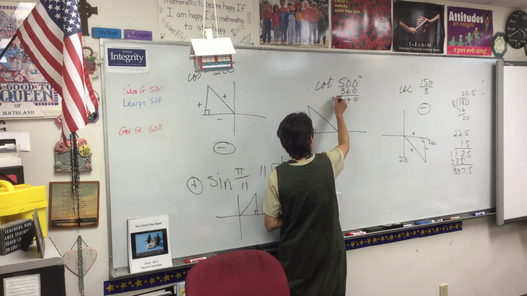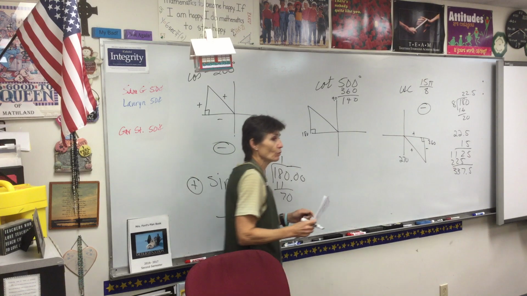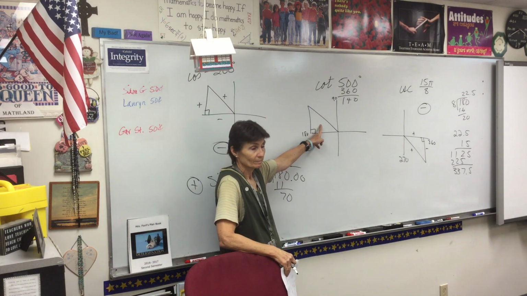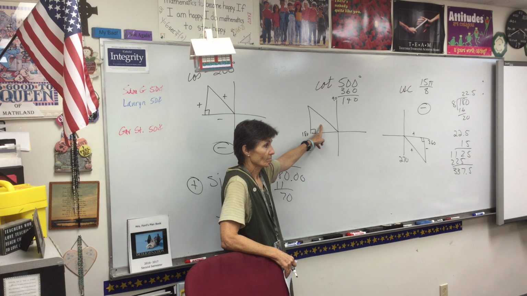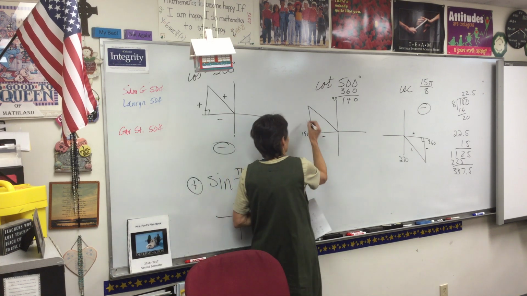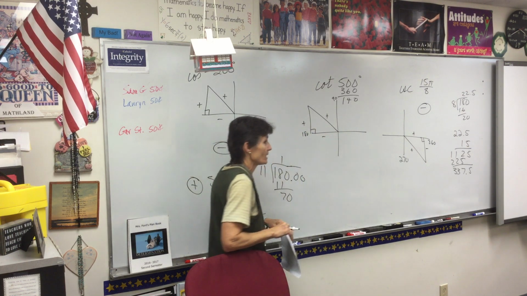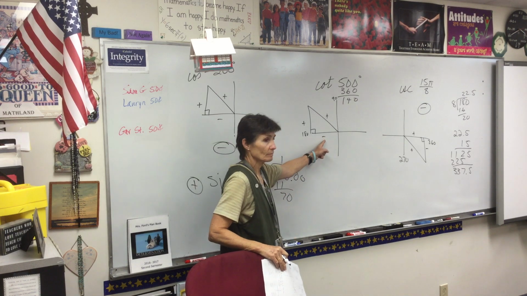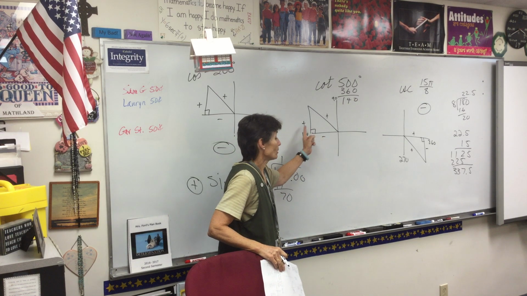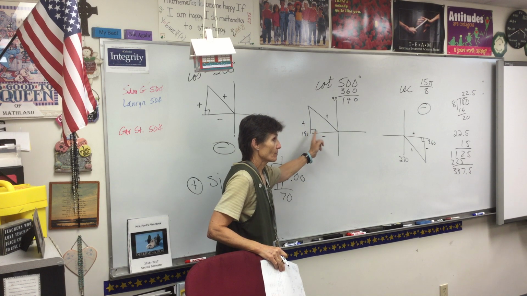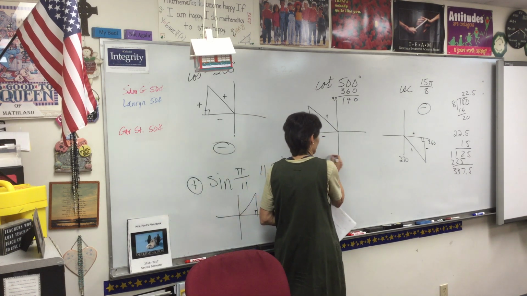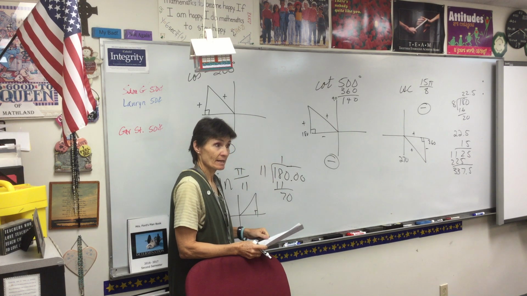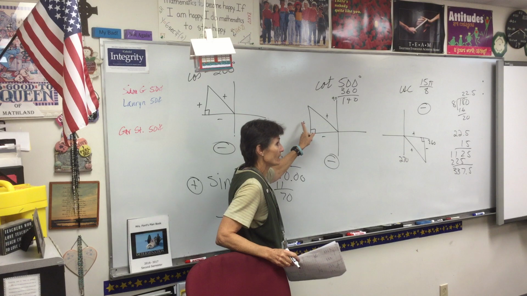Remember, this is 90 and this is 180. So if you're going an extra 140, you're over here. We want to know cotangent. Cotangent is adjacent over opposite. So it will be negative. Another way to think about it is it's x over y. X is negative, y is positive.